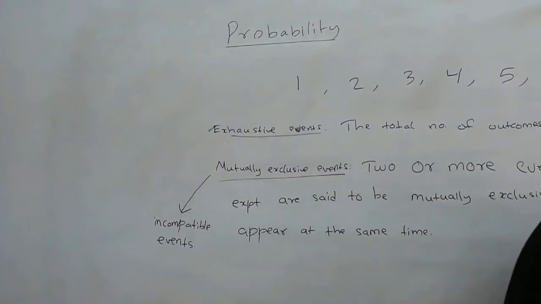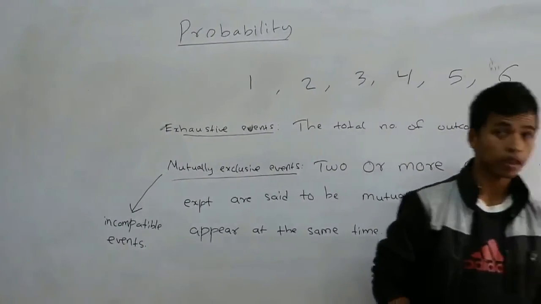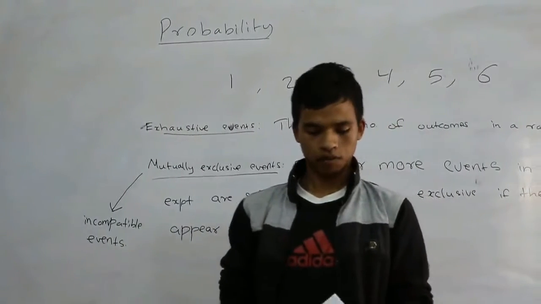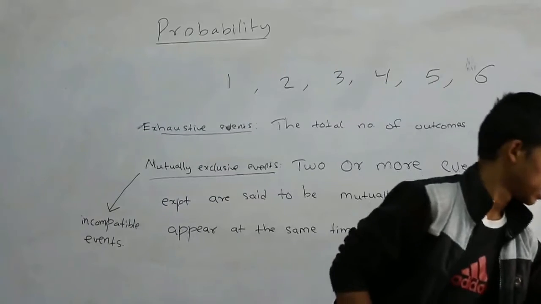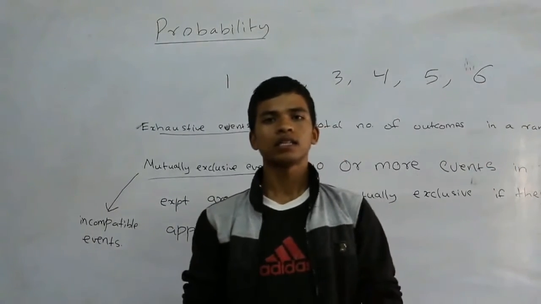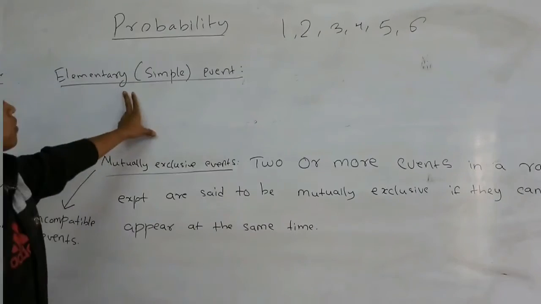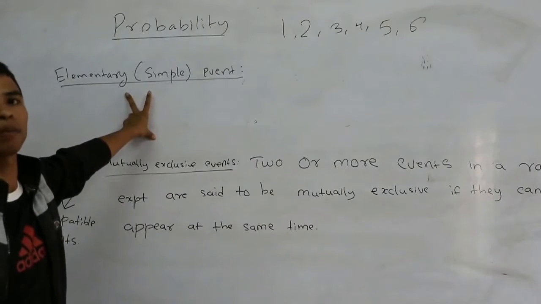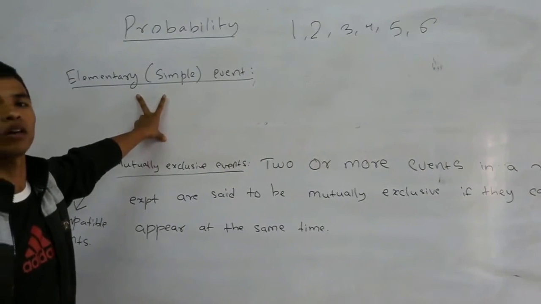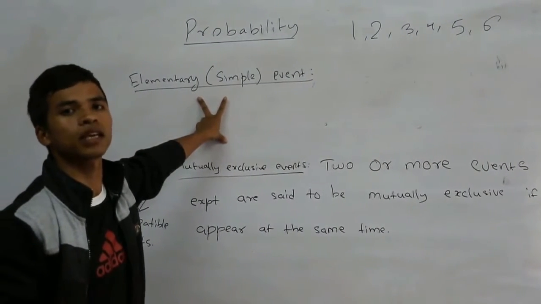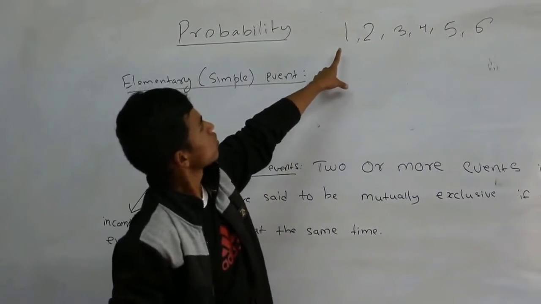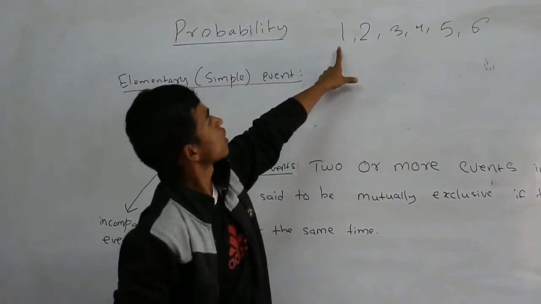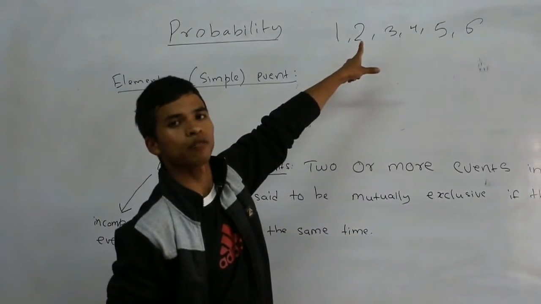Before going to the mathematical definition of probability, we have two more terms, and one of them is called elementary event or simple event. What do we mean when we say elementary or simple event? An elementary event or simple event is just a single event. Suppose when you toss a die, you can get any of these on the top face.